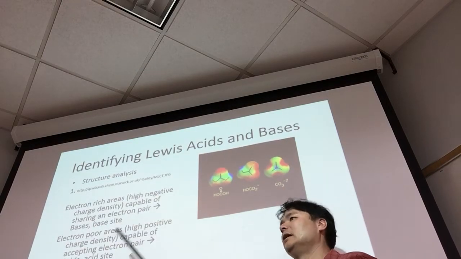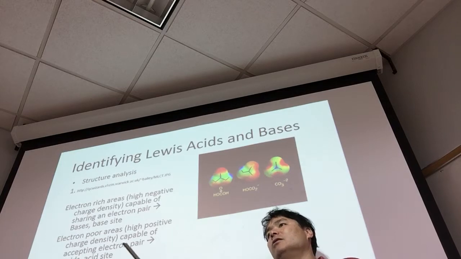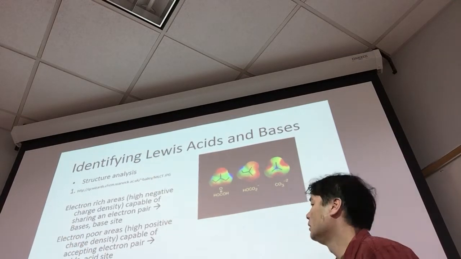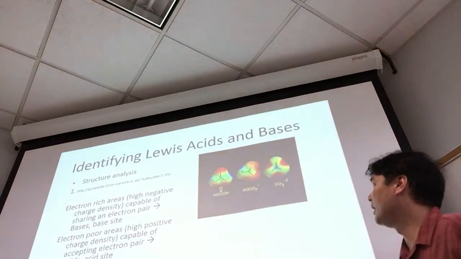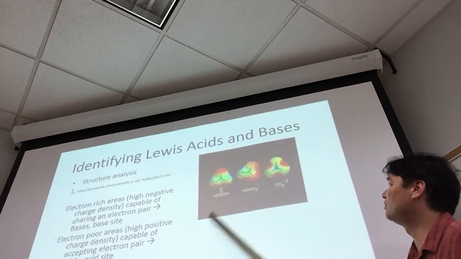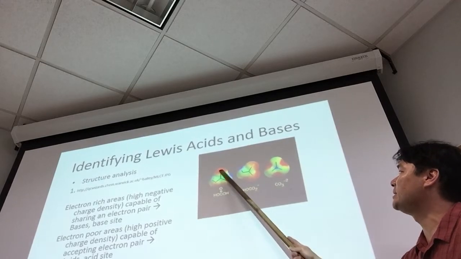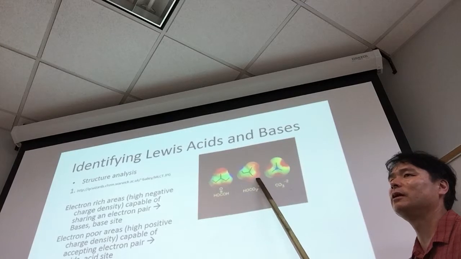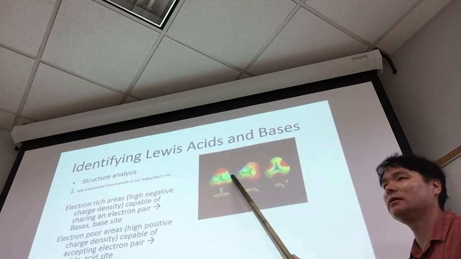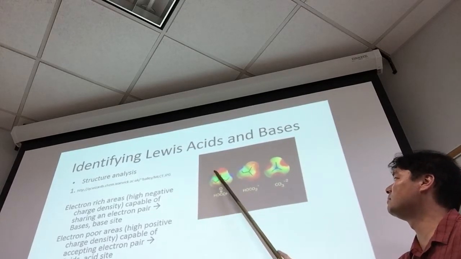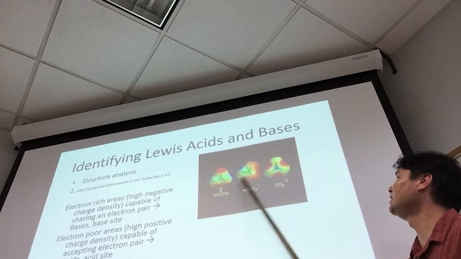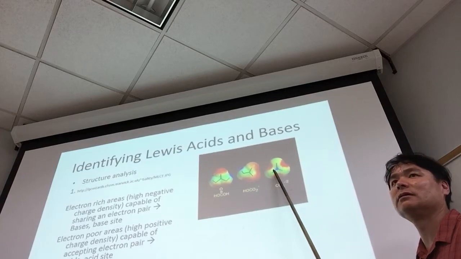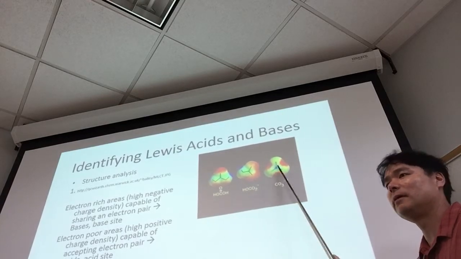Capable means that it's either short of an octet or the electrons can rearrange. I'll show you how that happens. And so what we look for are red regions will be base sites, blue regions will be acid sites. And we look, are those capable of donating or accepting? And so what I see is this is both. This can act either. This can act either. This can act either, but this is not so great probably. But it probably can.